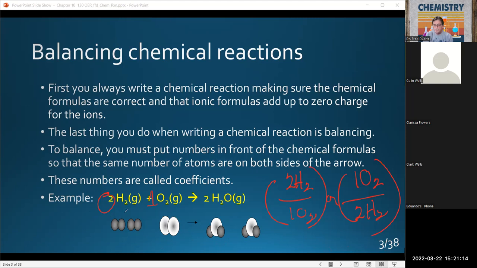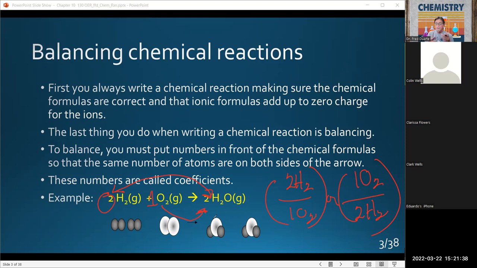We can also see that we have a ratio between the hydrogen and the water, which is 2 molecules of hydrogen and 2 molecules of water. So again, we can write that with water in the numerator or water in the denominator. And then we have the relationship between oxygen and water, which is a 1 to 2.